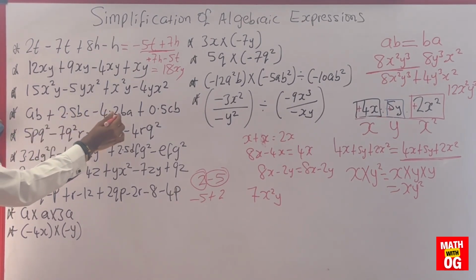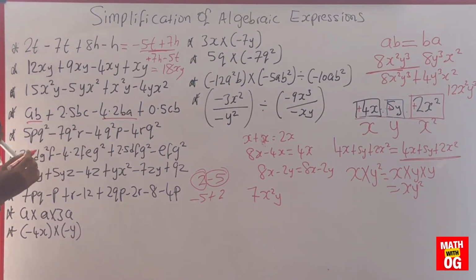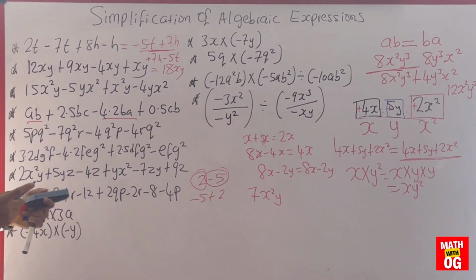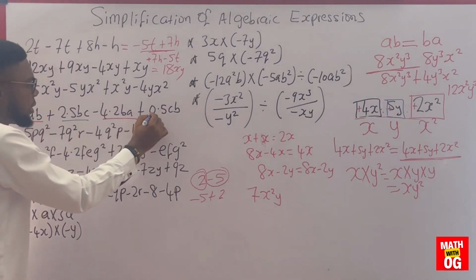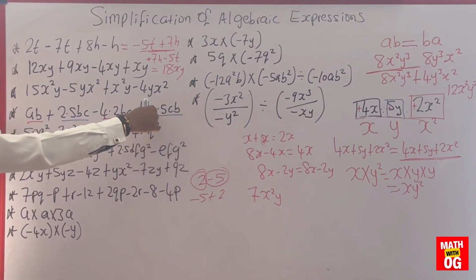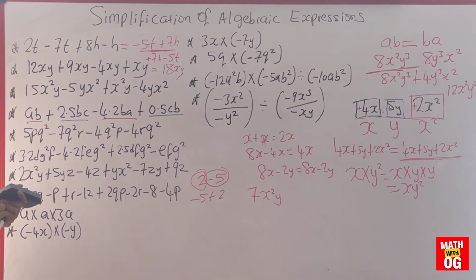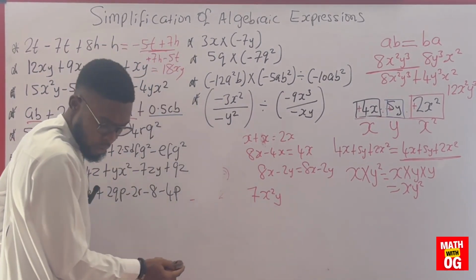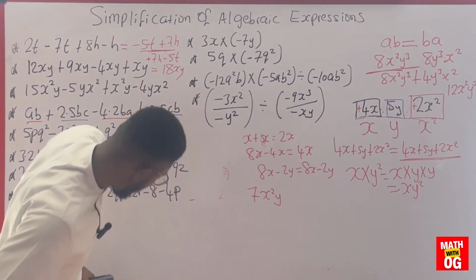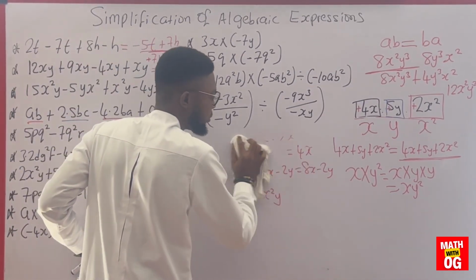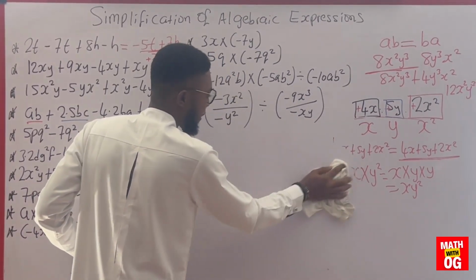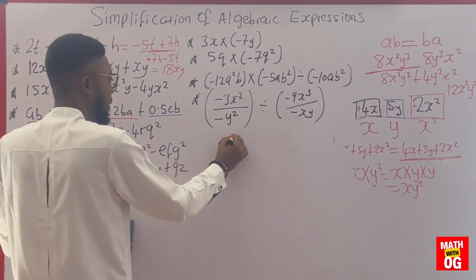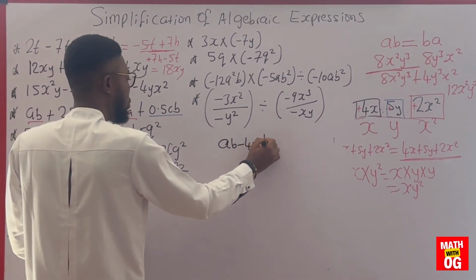AB, AB. So these two guys, they are like terms. AB and BA, there's no difference. We've explained that already. BC, BC. This is CB, the same thing as BC. They are also like terms, so there's no difference. So when we collect like terms, we'll be having something like AB minus 4.2 BA.